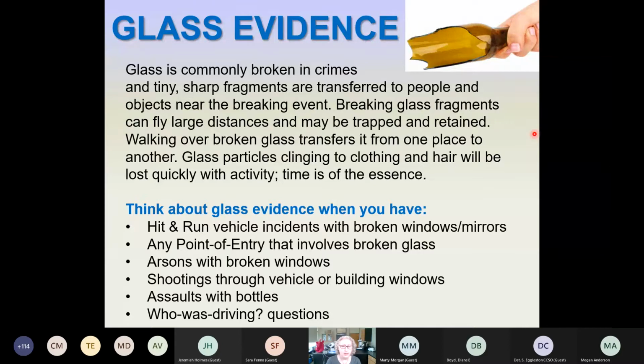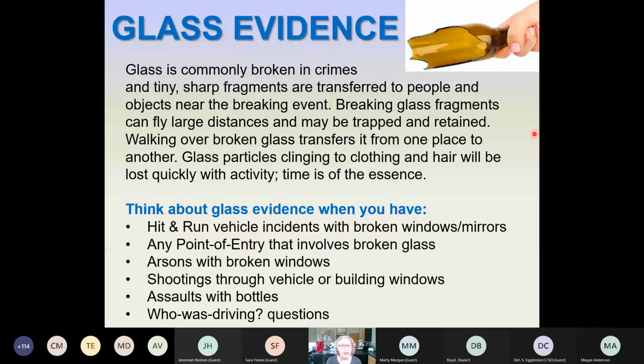That is a very common way to break glass, and the glass breaks catastrophically, so it is very likely to be transferred far distances. Assaults using broken bottles, and then questions regarding who was driving or was someone in a vehicle when it was being driven at a certain time.